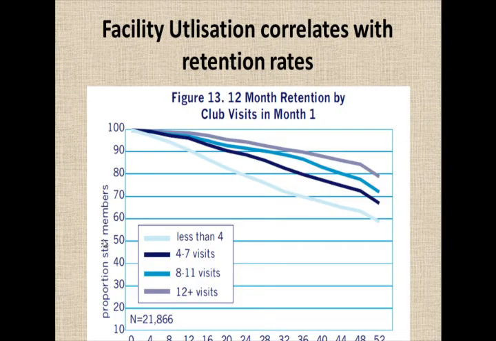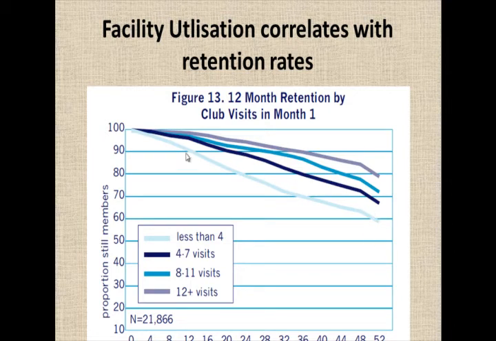So let's have a look at this chart here, and this looks at the facility utilization and how that correlates with retention rates. You can see here we've got the people that visit less than 4 times per month, and their retention rate after 52 weeks is down at around below the 60% mark.